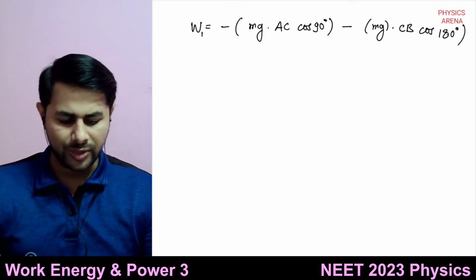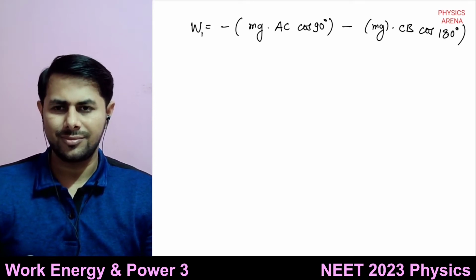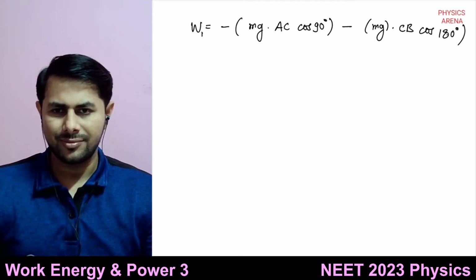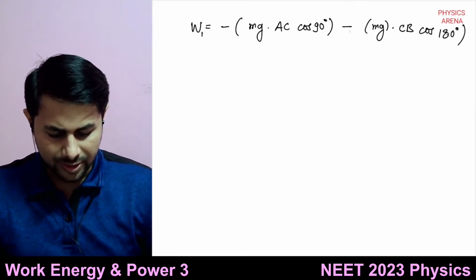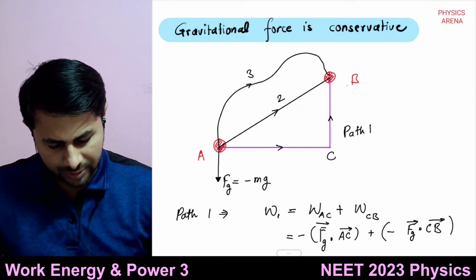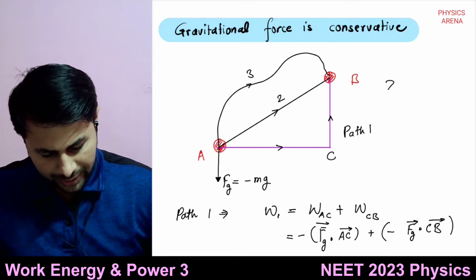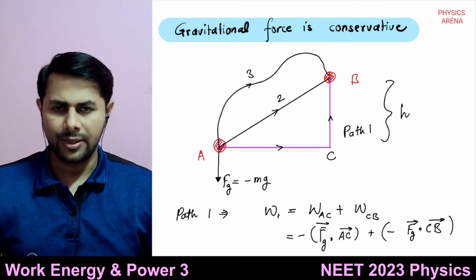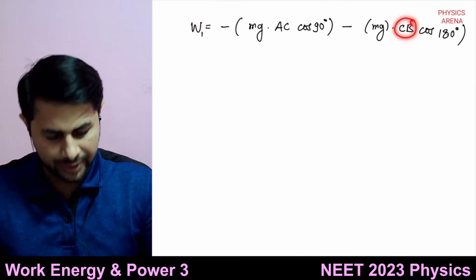And what is cos of 180? Minus 1, right? Cos of 180 is minus 1. So minus minus will become plus, and suppose this much height is equal to h. Okay, so CB is equal to h.